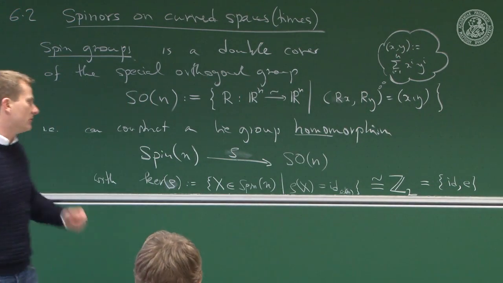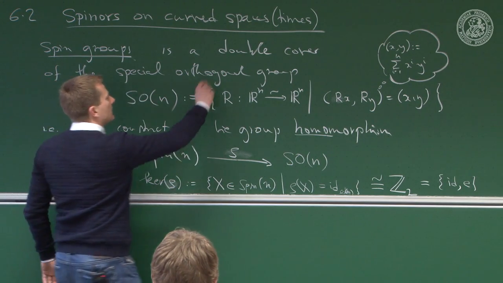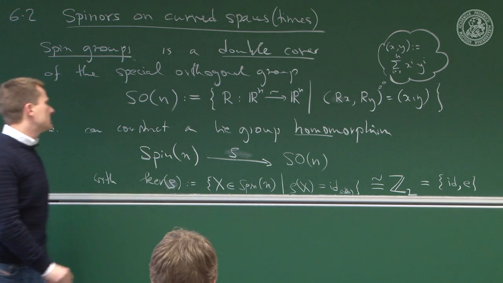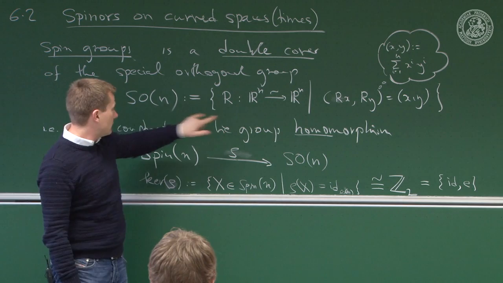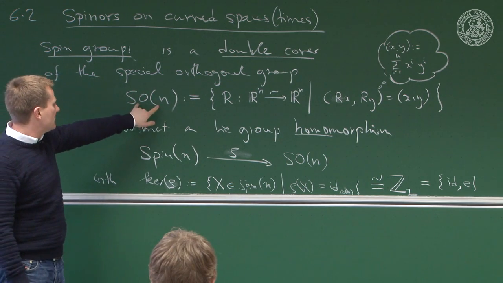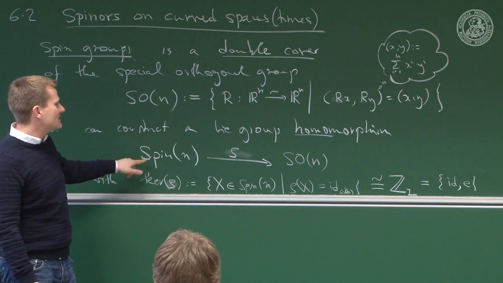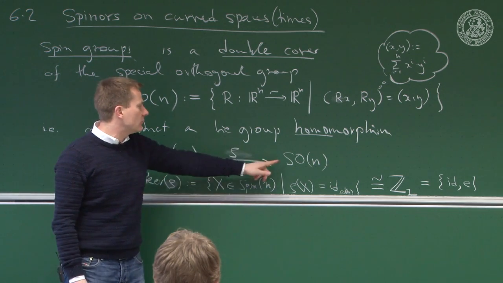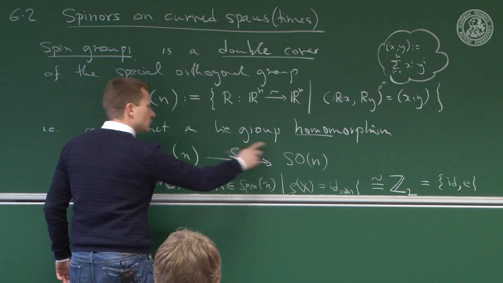Okay, that's Z2. So again, a spin group is a double cover, and this double cover in the Lie group sense here simply means, in this context of SO(n), that you have a Lie group homomorphism which has a kernel with two elements. In other words, this map is 2 to 1.